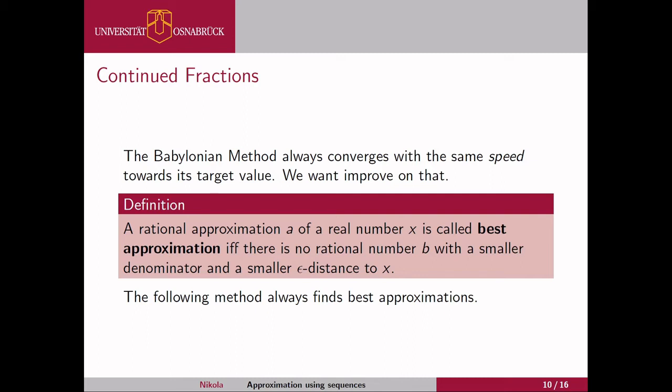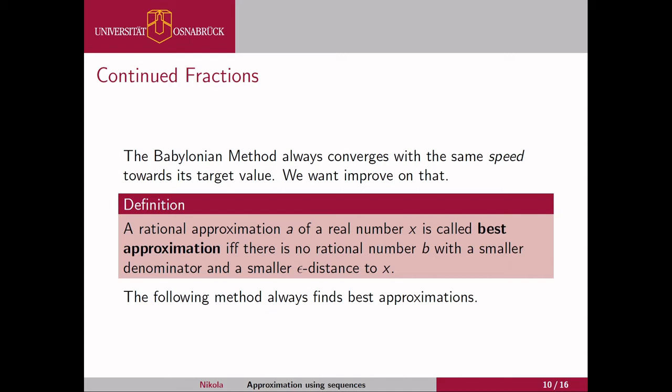So assume we want to approximate root 2 again. There we had the approximation of 11 over 8. Is 11 over 8 really the best approximation? It only is so if it is the closest number to root 2 among all possible numbers with a denominator smaller or equal to 8.